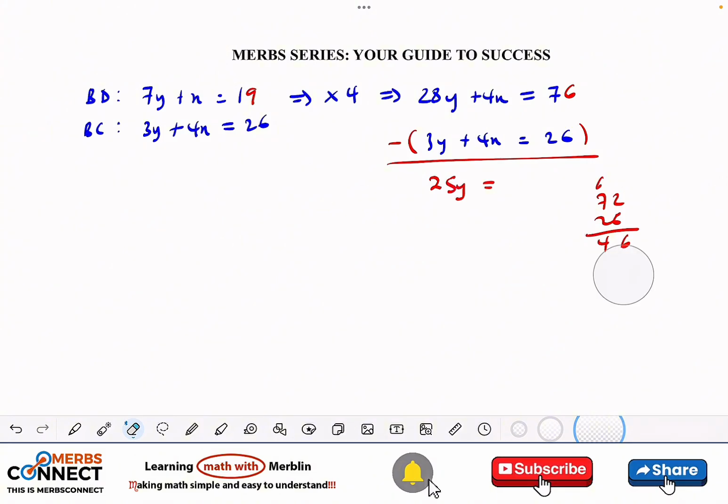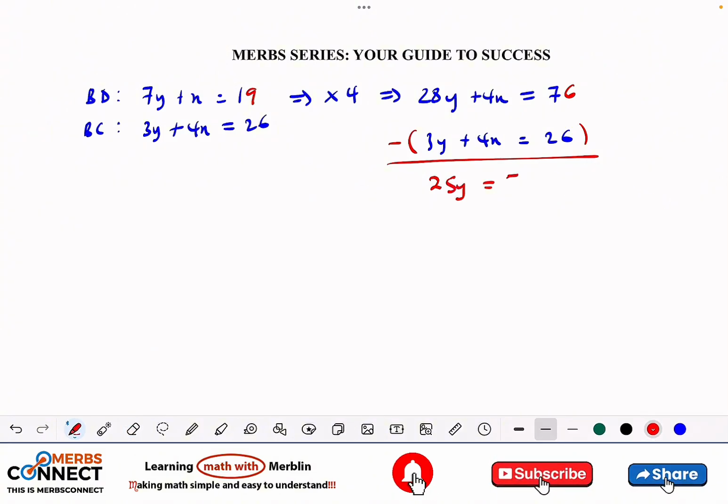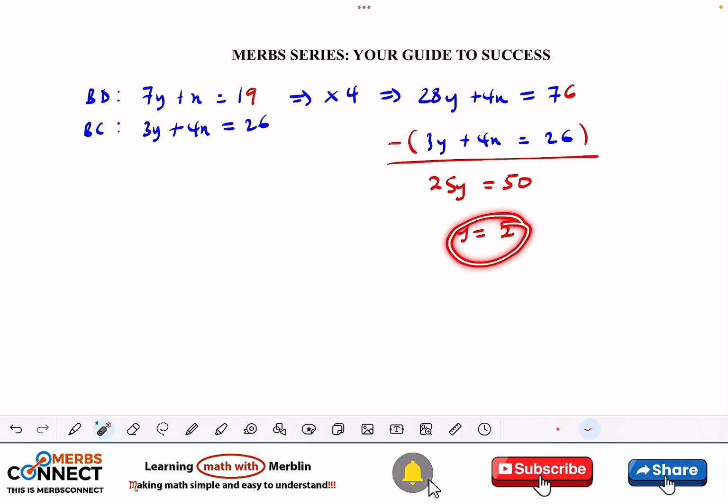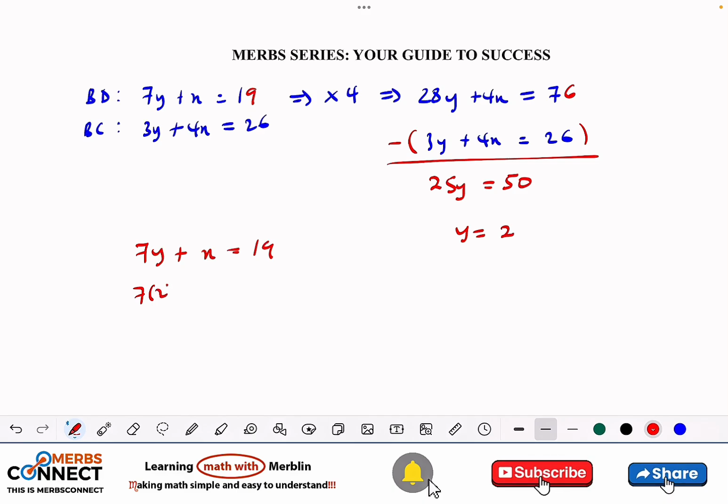And then 76 minus 26, okay, that one will give us 50, which is nice. So this should give us 50 and y should be equal to 2, right? So I divide through by 25 and I get 2. Plug in y is equal to 2 into any of the equations here to find your x. So I want to use the first one, 7y plus x is equal to 19. So let's plug in 2. So 7 times 2 plus x is equal to 19.